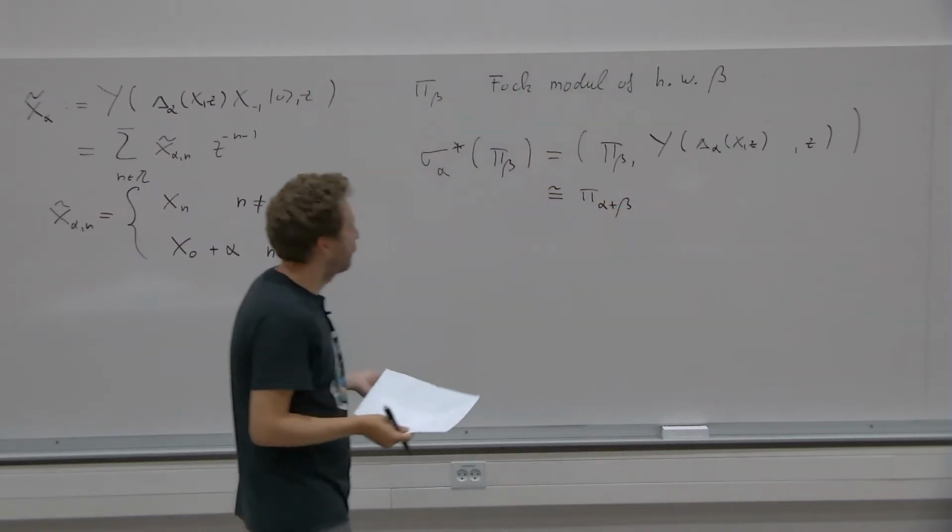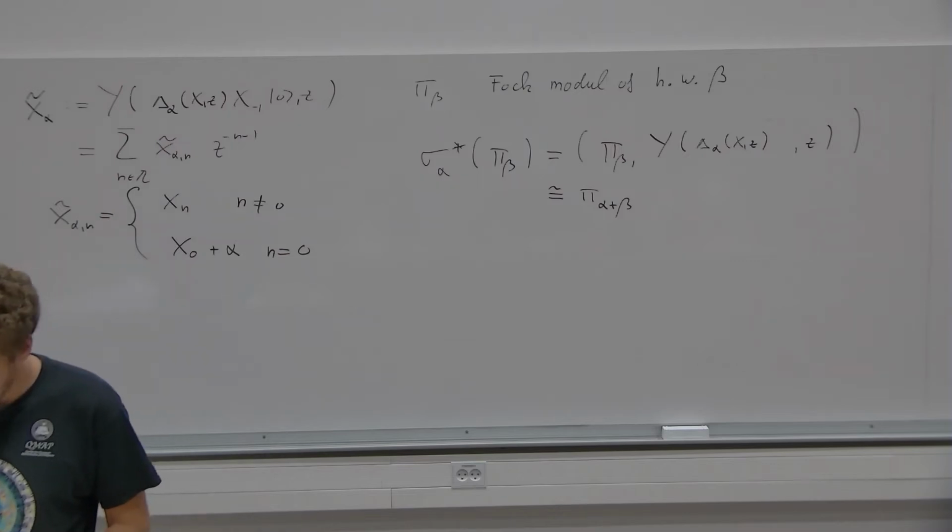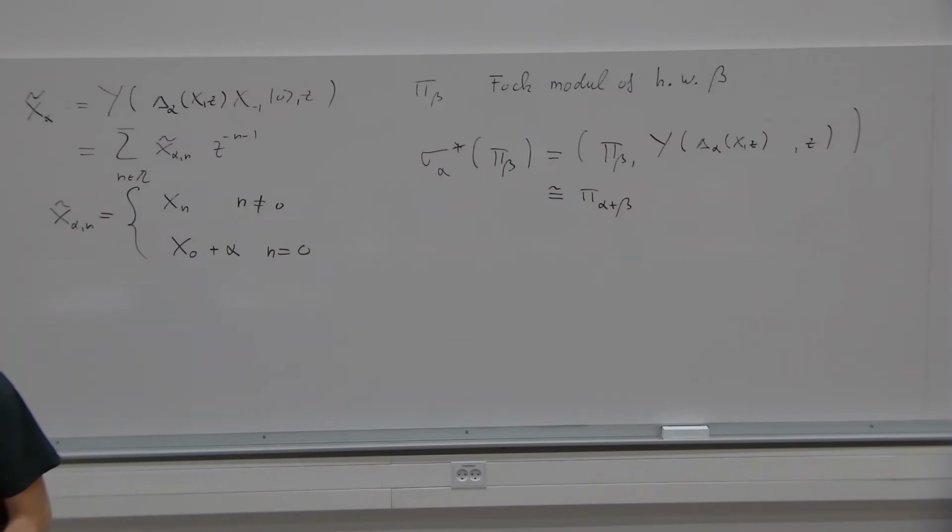So in particular, you can take the special case beta is equal to 0, just your VOA itself, and by just doing all possible twists, you get all possible Fock modules. You maybe have gained a different perspective.